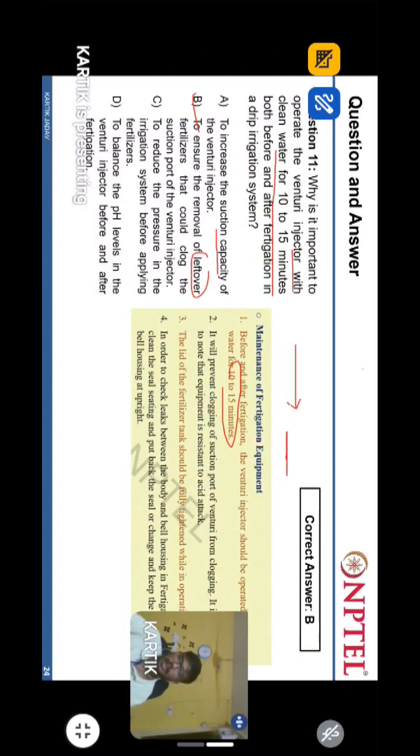The water will get stagnant, and whatever we have mixed in the fertigation system, after some time there is a chance that it may form a precipitate, right? And that clogs and may create the problem of clogging in the drip system.